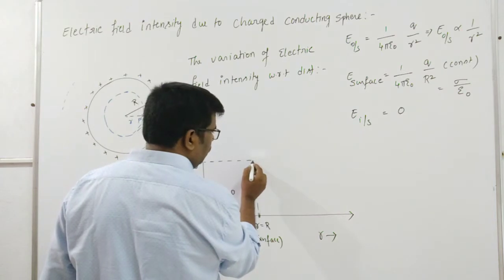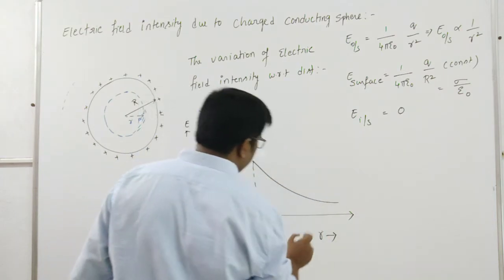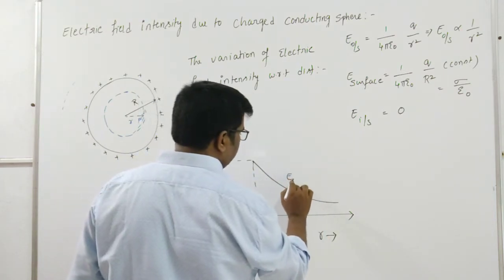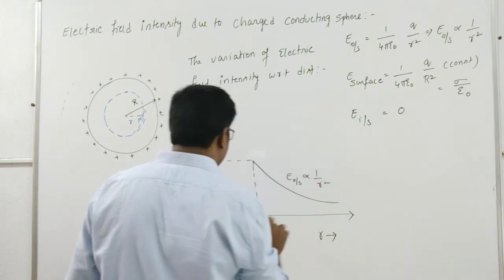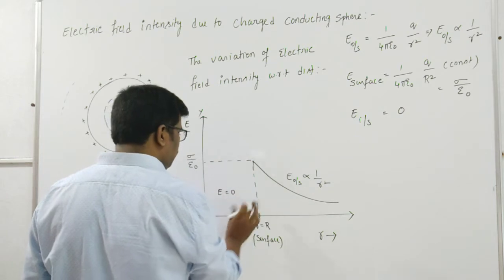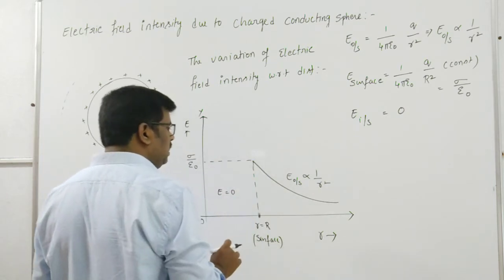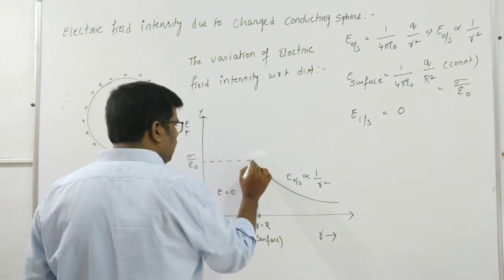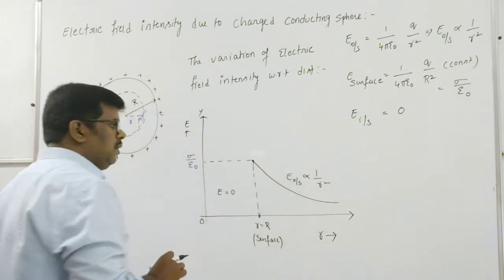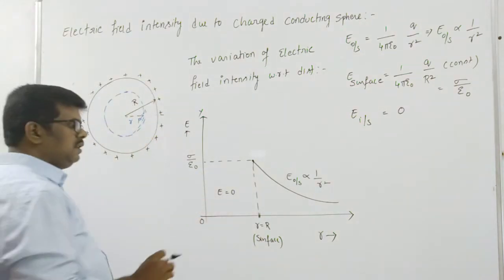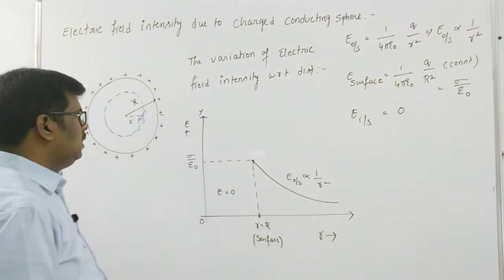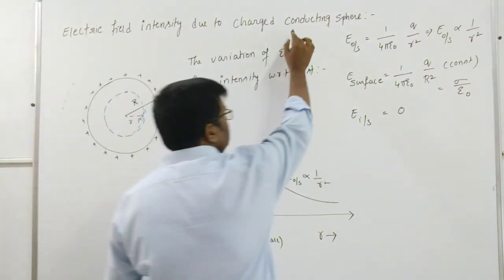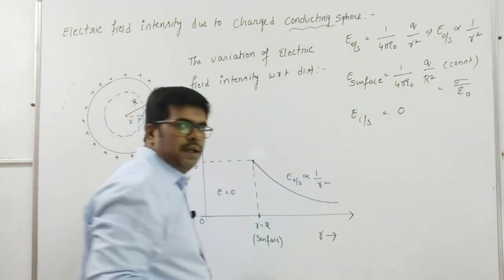The curve becomes like this. E outside is inversely proportional to distance square, up to here the electric field intensity is 0, and at this point it is sigma by epsilon naught. So this is the variation of electric field intensity with distance in the case of a conducting sphere.